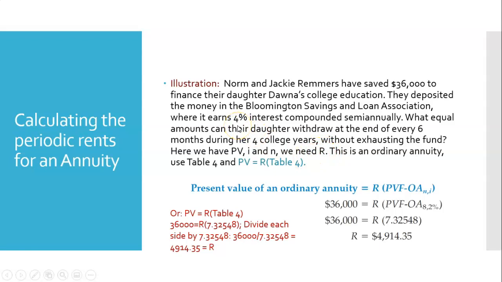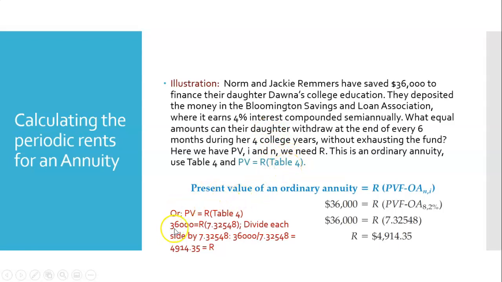Because we are compounding semi-annually, we're going to have to change the I and the N. The I is 4%, and I have to divide by twice a year, which means I'm going to deal with 2%. The N is 4 years, but I have to multiply by twice a year, so that will be 8. So we're going to use 2% with 8 periods when we look up table 4.